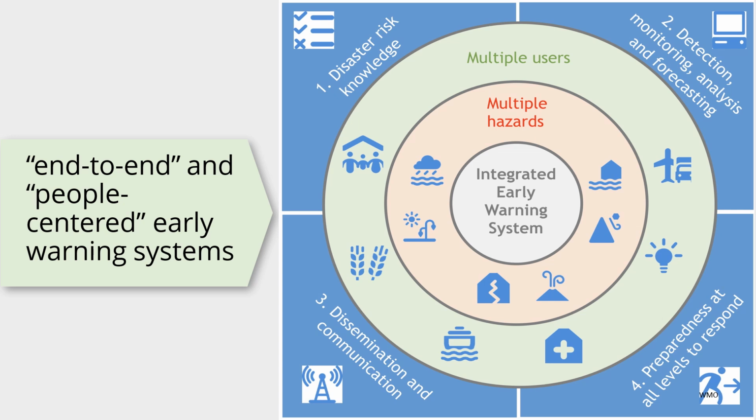There is a new dimension in the detection, monitoring, analysis, and forecasting of the hazards and possible consequences. There's a third dimension of dissemination and communication by an official source of authorities, timely, accurate, and actionable warnings associated with information on the likelihood and impact. And there's a dimension of preparedness at all levels to respond to the warning received.